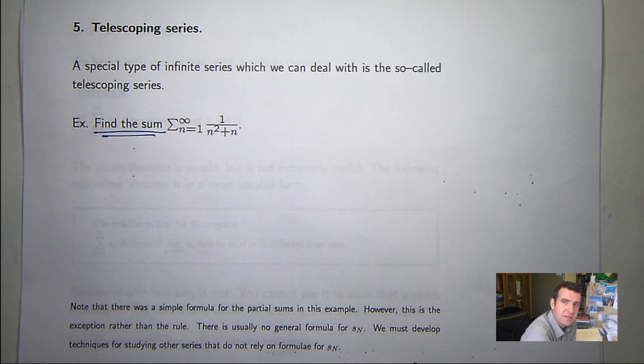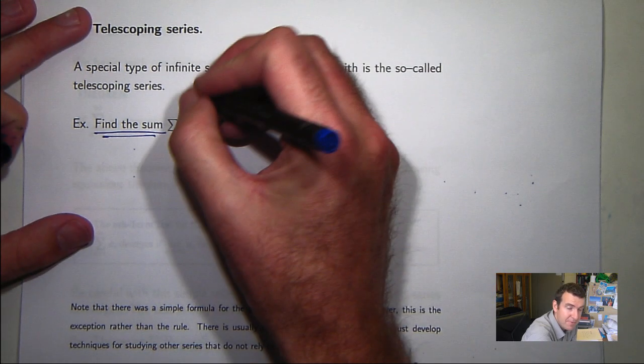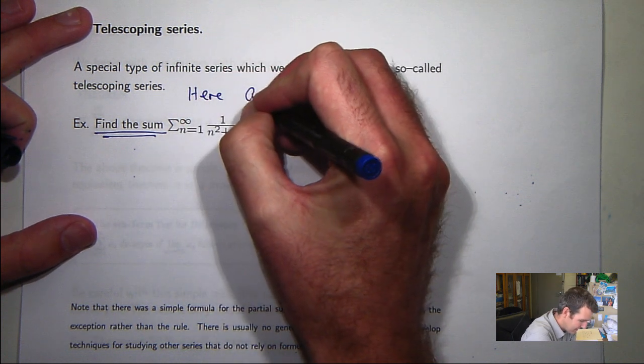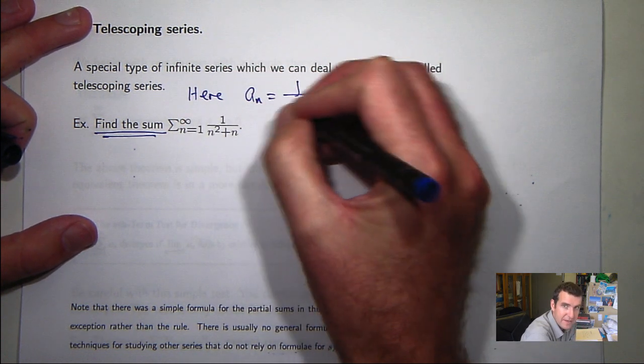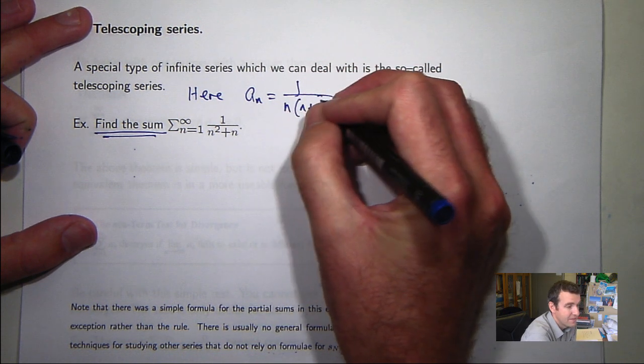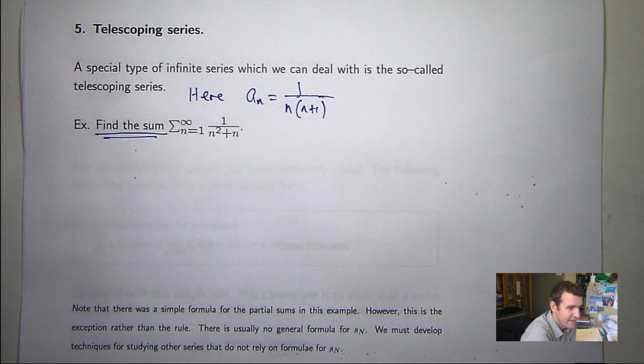So what I'm going to do in this example is let a sub n be 1 on n squared plus n, factorise the bottom, and then use partial fractions to split up a sub n into two parts, basically. And then you'll see where the cancellation happens when we write out the nth partial sum.